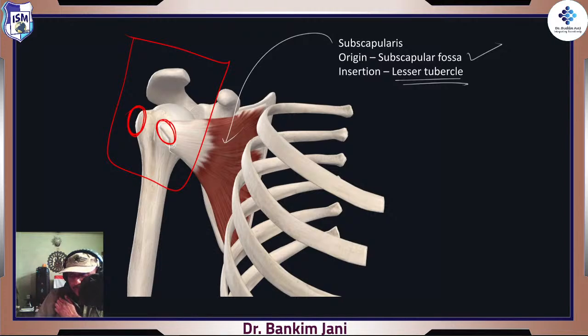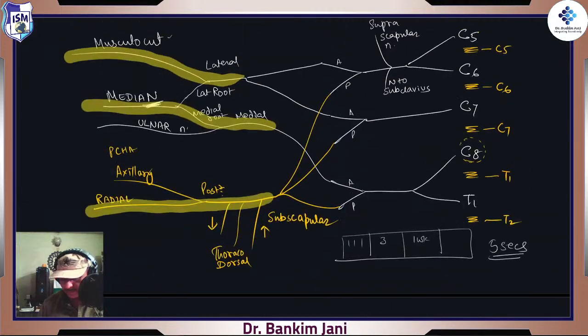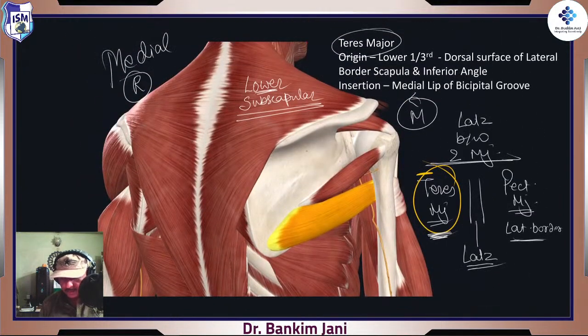So when it contracts, it will lead to medial rotation, right? It will lead to medial rotation. True. So that is the medial rotation. And what about the supply? Well, if you see over here, this was Teres major. That's okay.